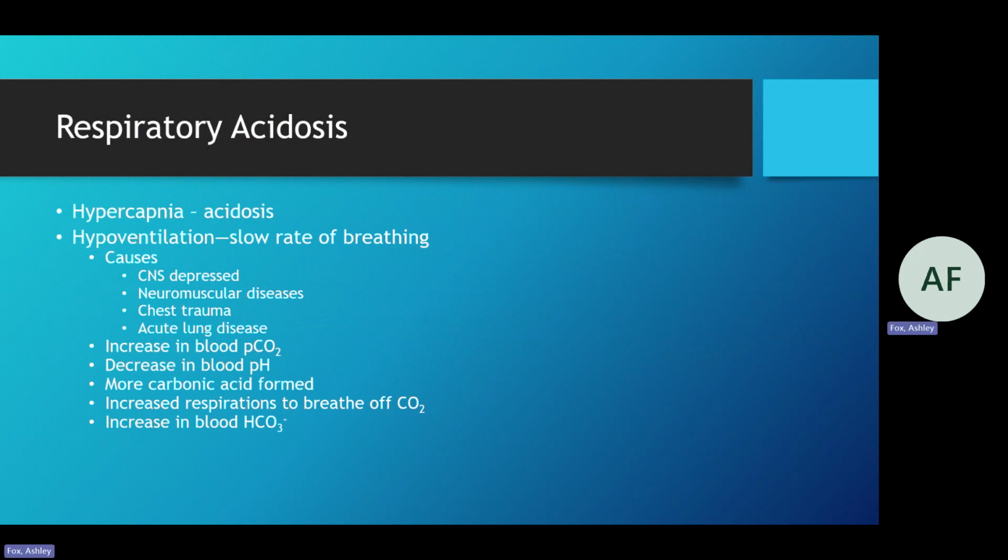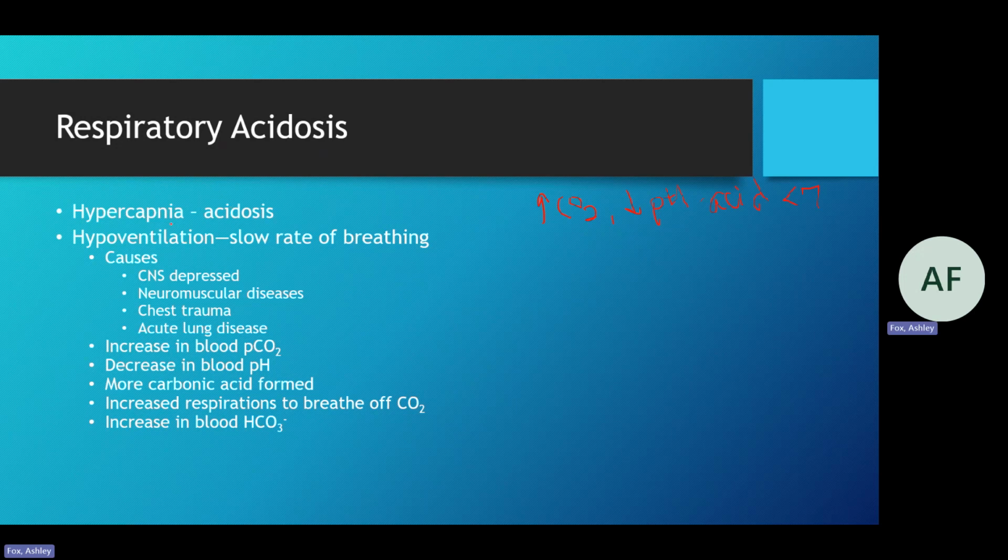So then we look at the effect of that on pH. So again, always remember increased carbon dioxide means decreased pH. And a low pH is acidic, so anything less than 7.